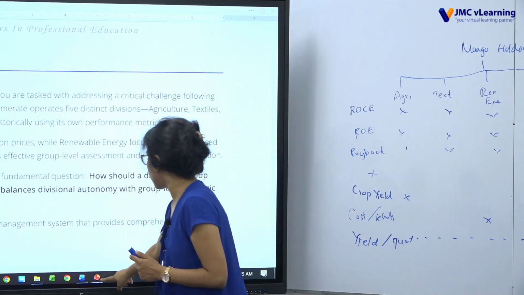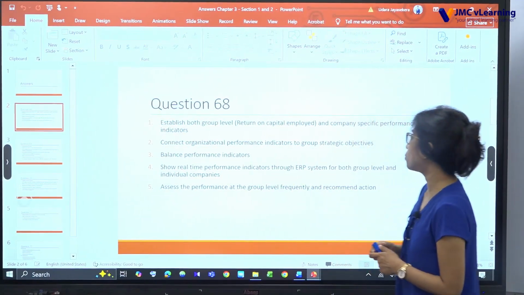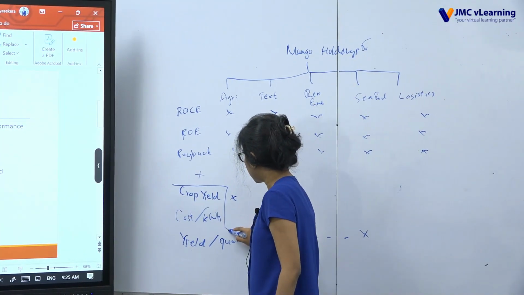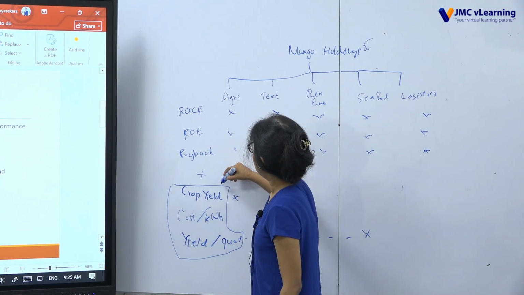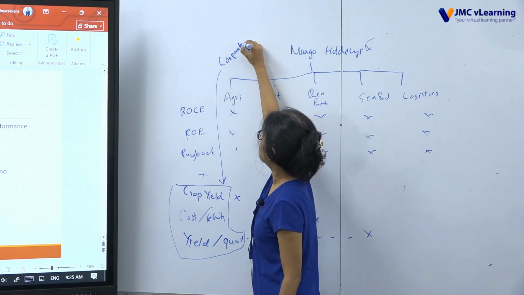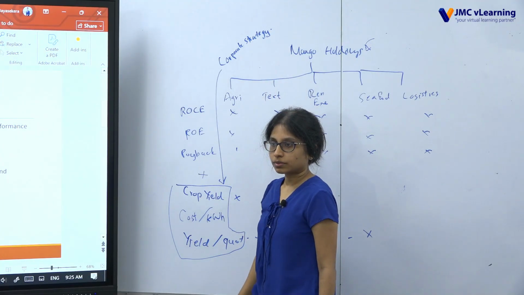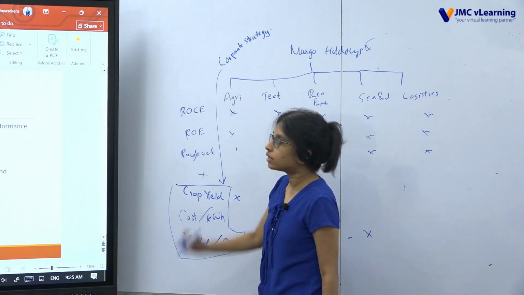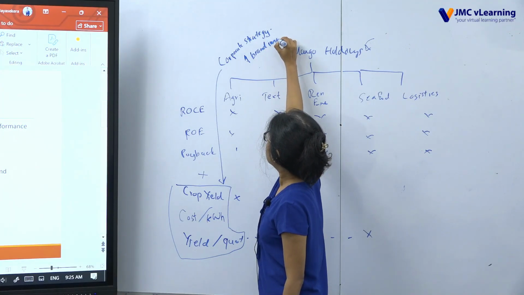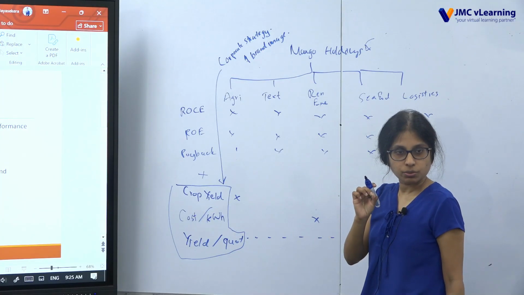The next thing that I am saying is connect organizational performance indicators to group strategic objectives. So these should have something to do with corporate strategy. Let's say corporate strategy is to increase brand image.